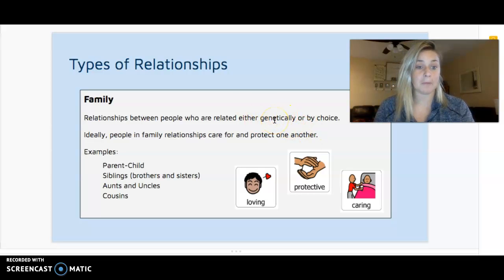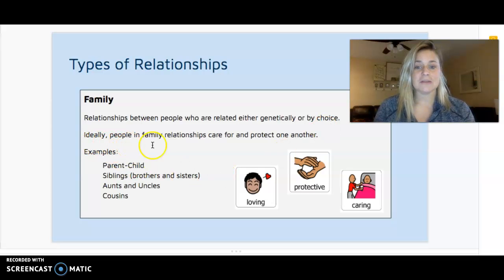We both came from our mom and our dad. Some people might have step parents, or their mom and dads might have boyfriend or girlfriends. That could still be considered your family. It's just by choice. So you could have family that is through genetics, which means by blood, or by choice. It's whoever you think is in your family.